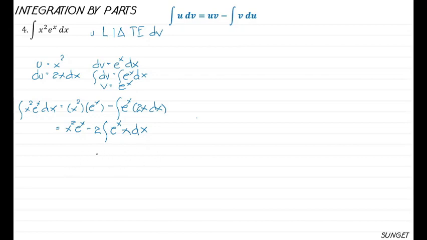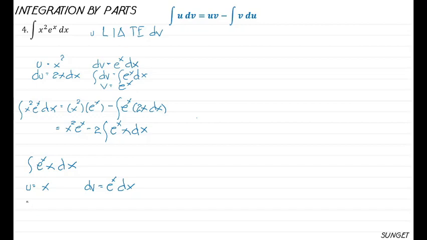So that is the integral of e raised to x times x dx. Using the LIATE method, the u part is x and the dv part is e raised to x dx.